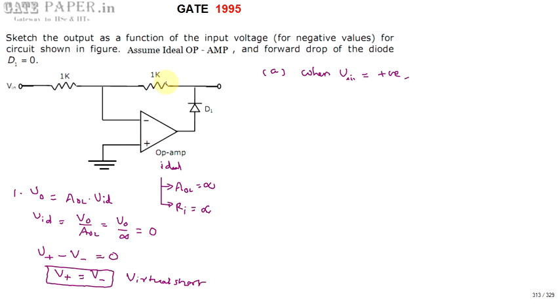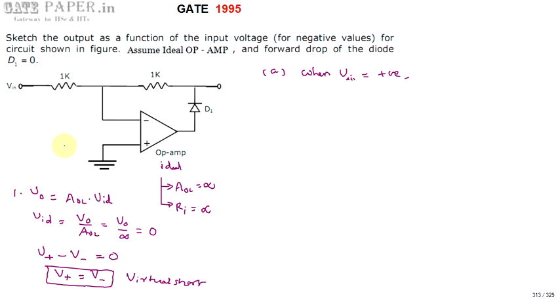But if you look at the op amp, the input terminals are not shorted, but they behave like that. The voltages at both terminals are the same, which means they are virtually shorted. It is invisible, but they act like they are shorted. So this is called a virtual short.